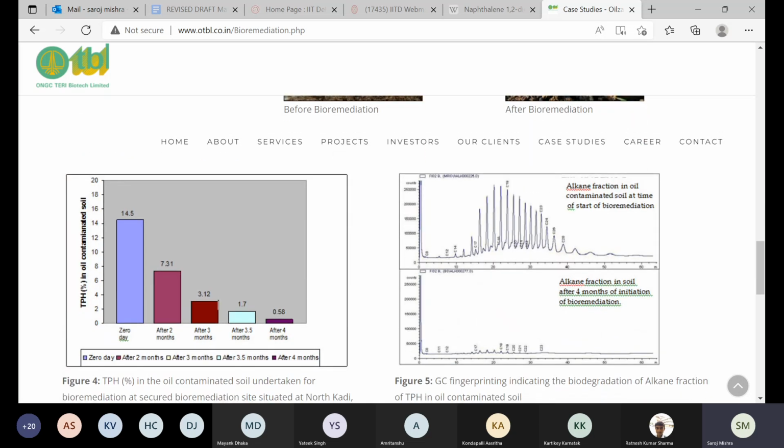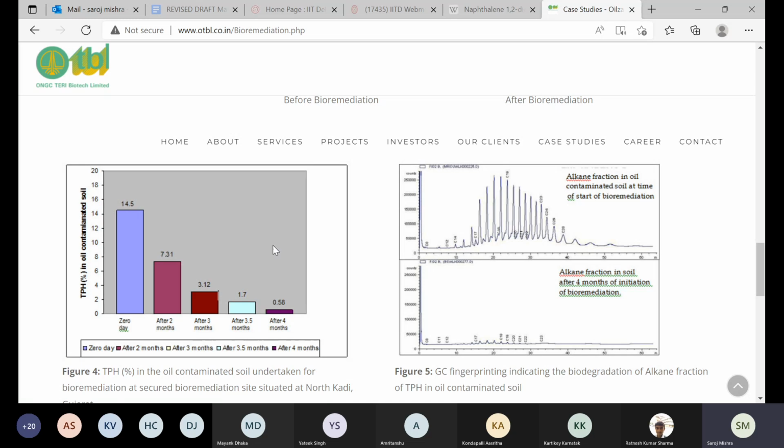So now let's look at the scenario with respect to the total polyaromatic hydrocarbons percentage. The data which you see here is the total polyaromatic hydrocarbon percentage in the oil contaminated soil on day 0, that is, before the treatment started. If you measure, you had 14.5% of the total hydrocarbons here.